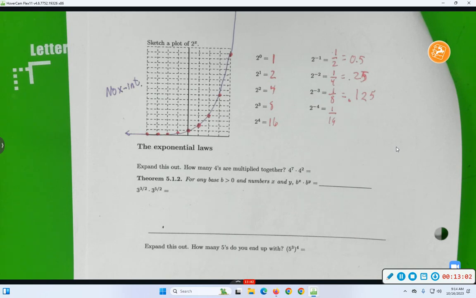Even or odd or neither? Neither. Does it have any vertical asymptotes? Does it have any asymptotes whatsoever? I think it's got an asymptote of y equals 0, right? It's getting really close to that x-axis, at least when x is extremely negative.